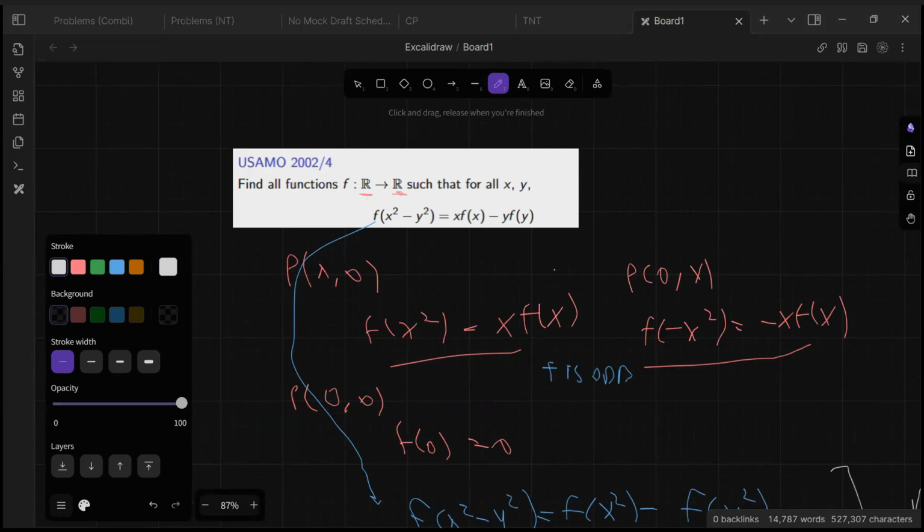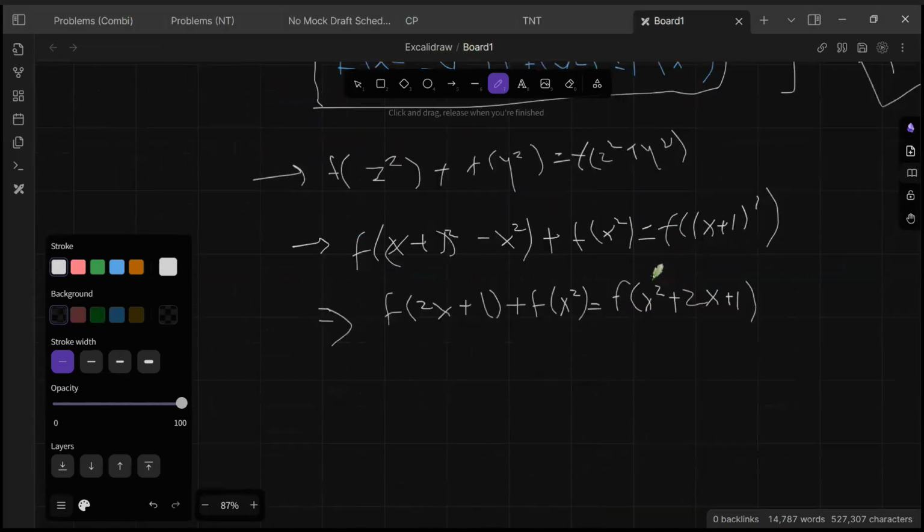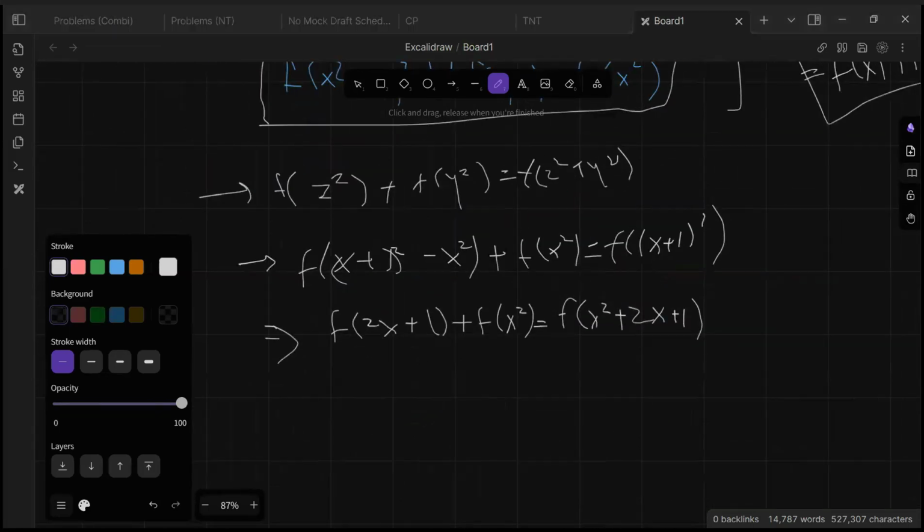Ideas. Okay, the screen is lagging. It's fine.